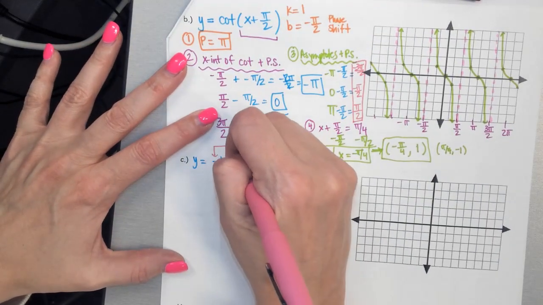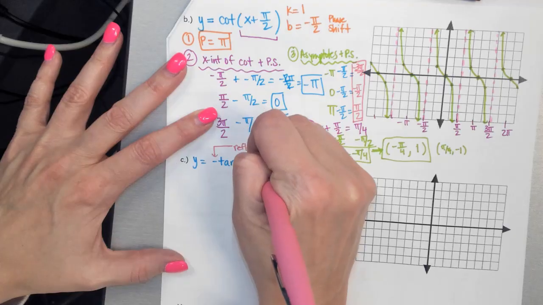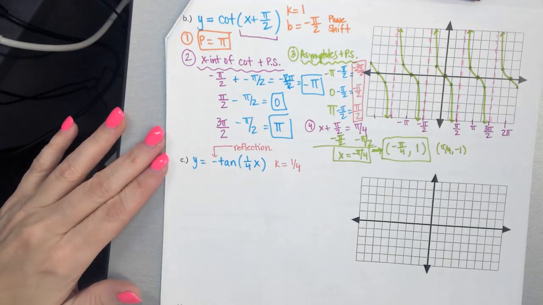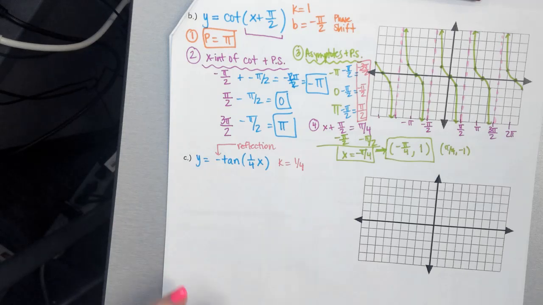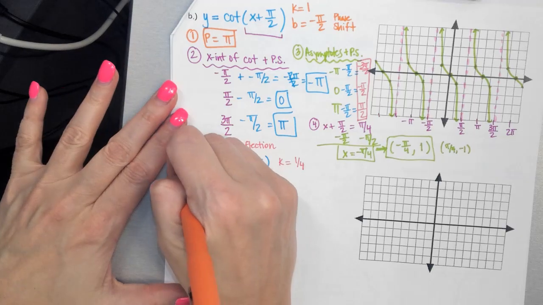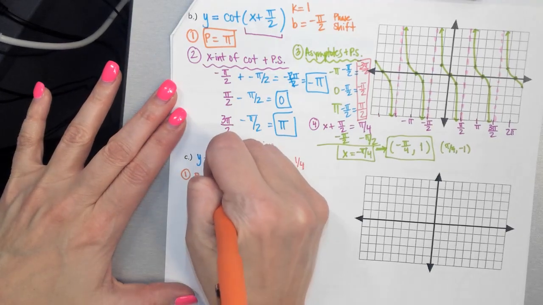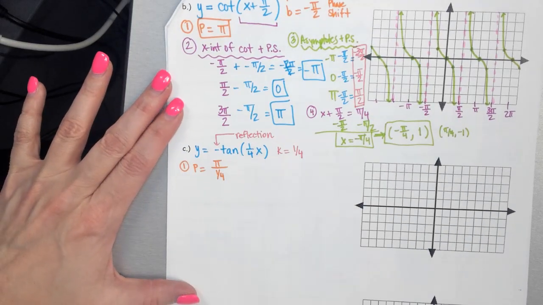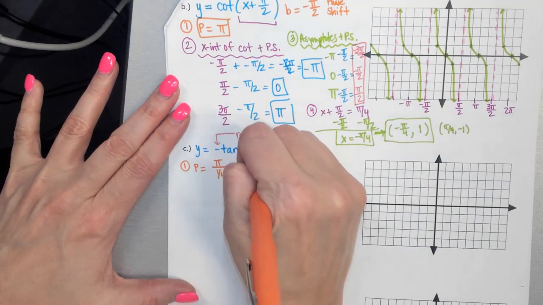Okay, this is a reflection. We'll talk about what that does to a tangent graph in a moment. Okay, you are going to be finding the period. So the period is pi divided by k. If your k value is a fraction, you're just multiplying by the reciprocal. So you have 4 pi.